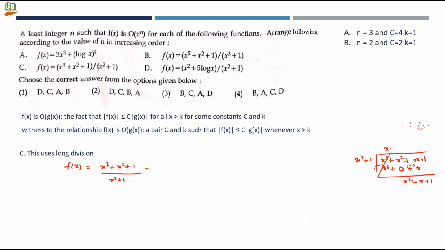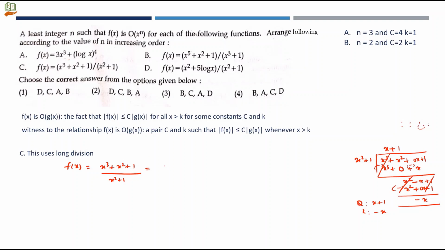Now we can have 1 here, x plus 1 will be present here, x square will be x square here plus 1. Again I have to place the 1 here only, I cannot place in x power, so this will be plus 0 into x. Now again subtract, x square and x square will get cancelled, 1 and 1 will get cancelled, this minus x will alone stay. So the quotient will be x plus 1 and the remainder will be minus x in this polynomial division.